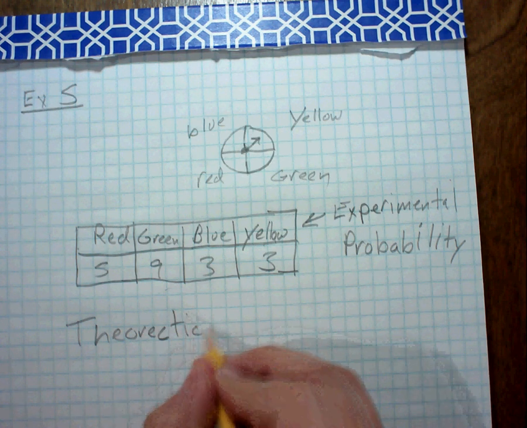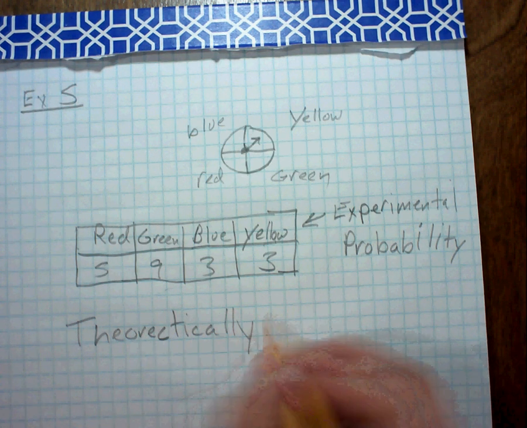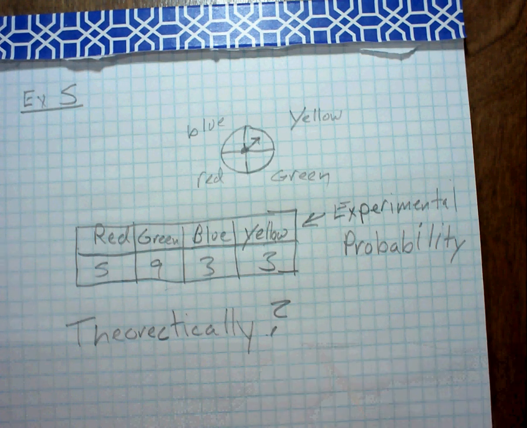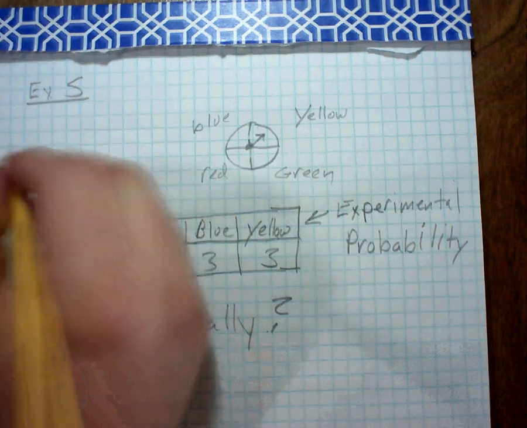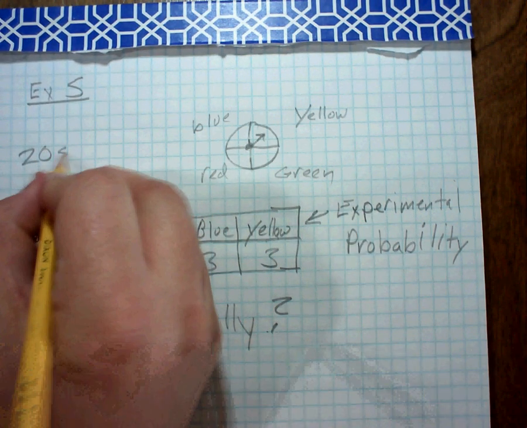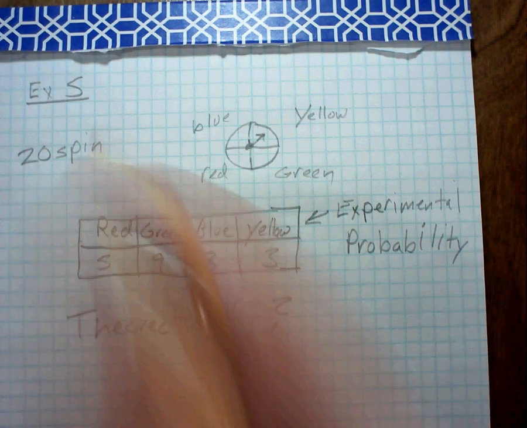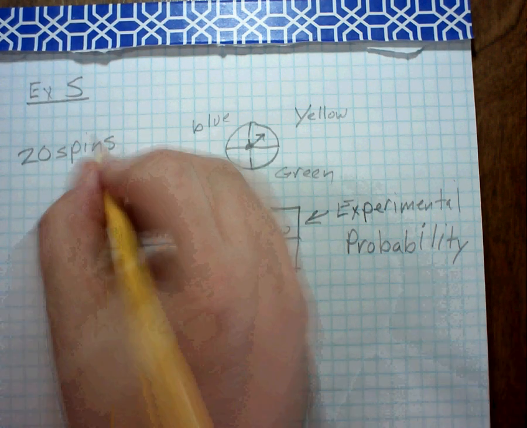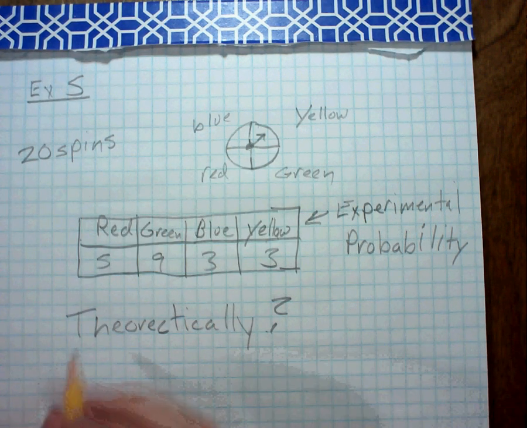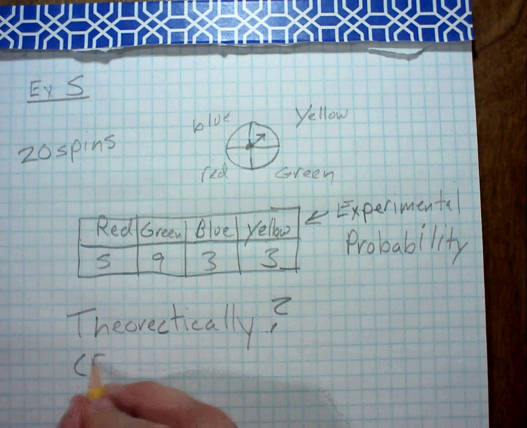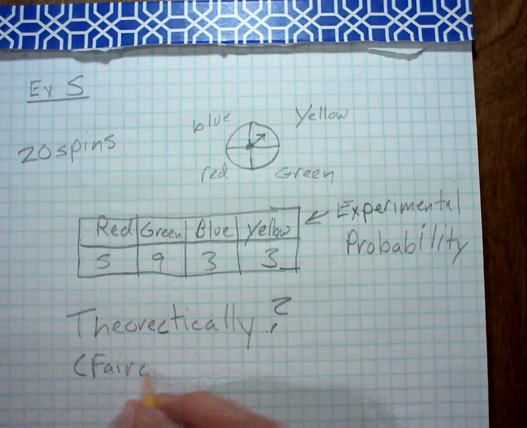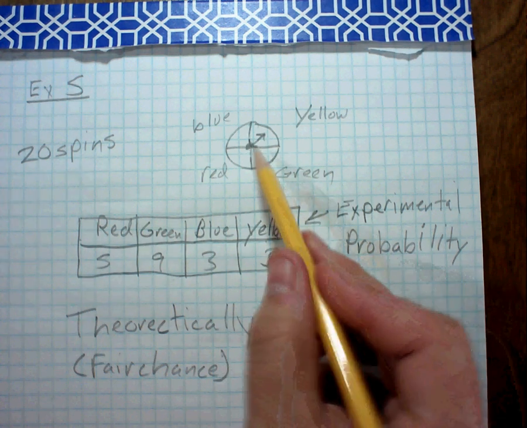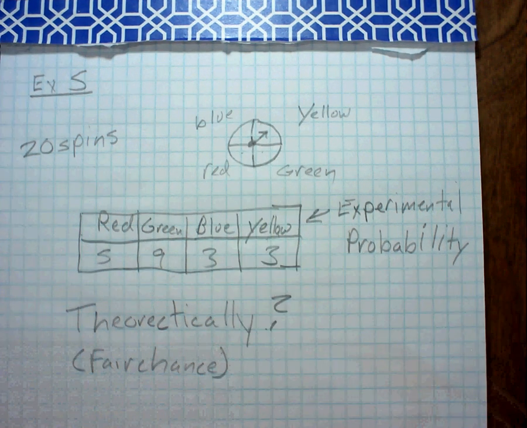So one of the things that I kind of glossed over is what's theoretical versus experimental. Well, theoretical is fair chance. In other words, I have 4 choices. If I look, the circle is evenly divided into 4 equal slices, right?